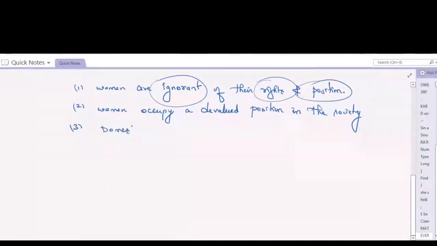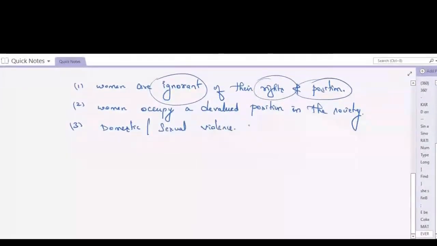Next, domestic or sexual violence. As you can see, so many murders, rapes and violences are there. Understood? If some girl becomes the victim of certain things, the people will not raise their voice at all.